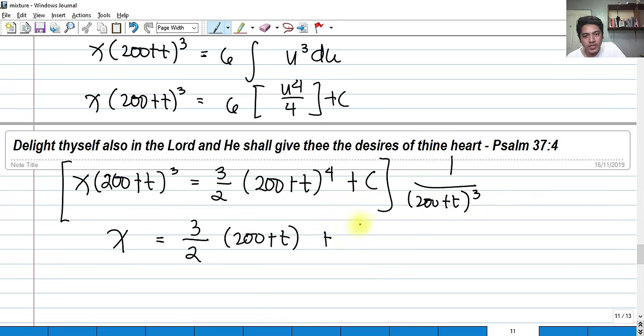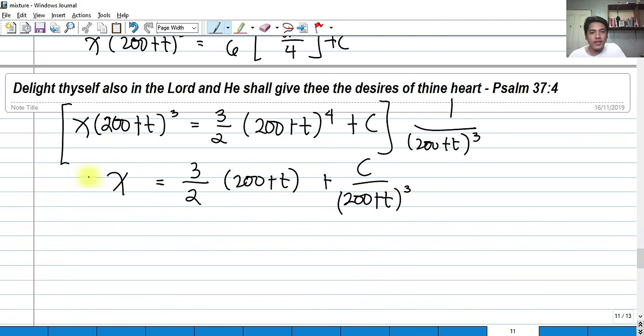So, we have plus c over (200 + t)^3. So, this is the amount of salt at any time t in the tank. But still, we need to solve for the value of c.